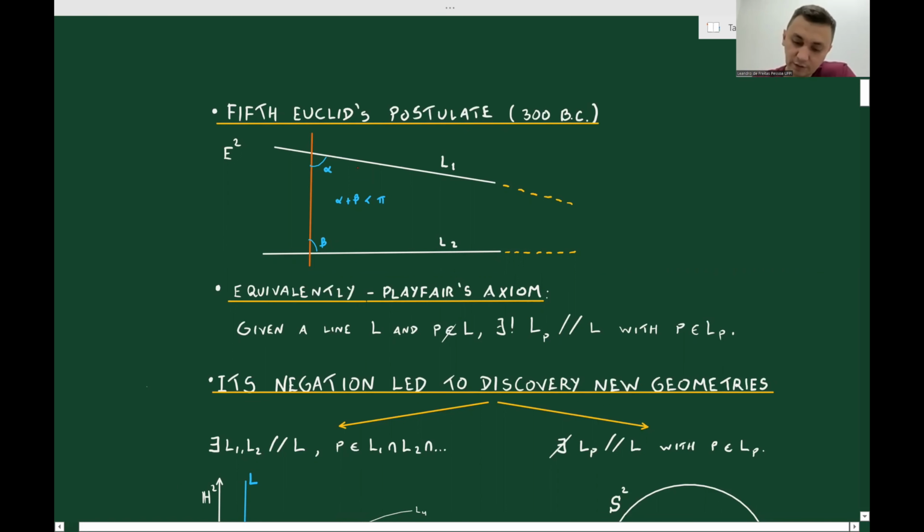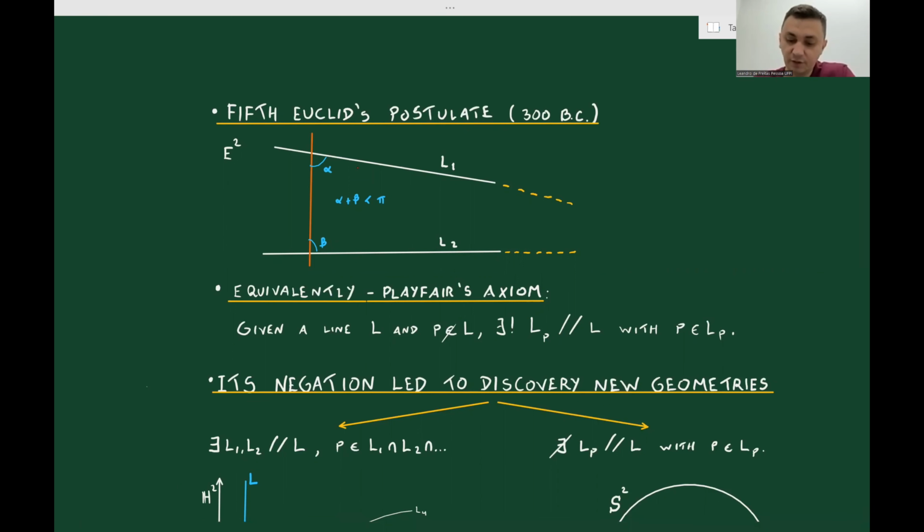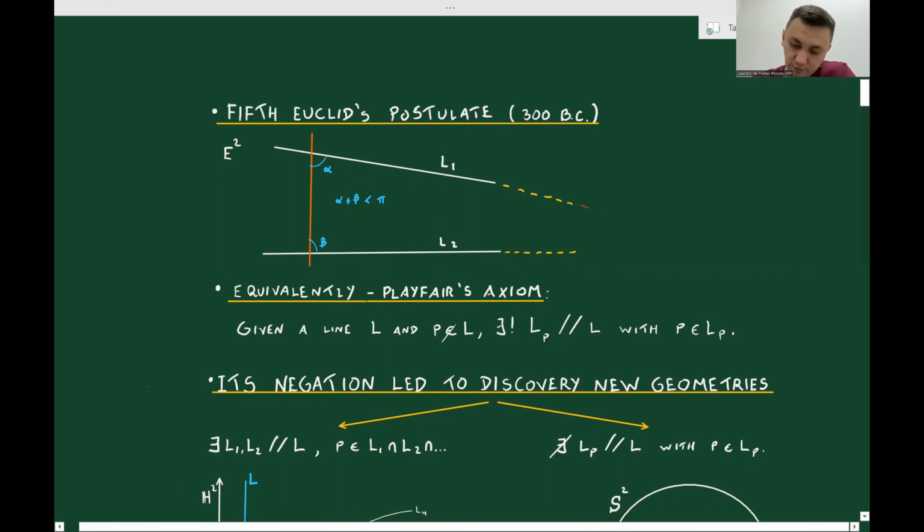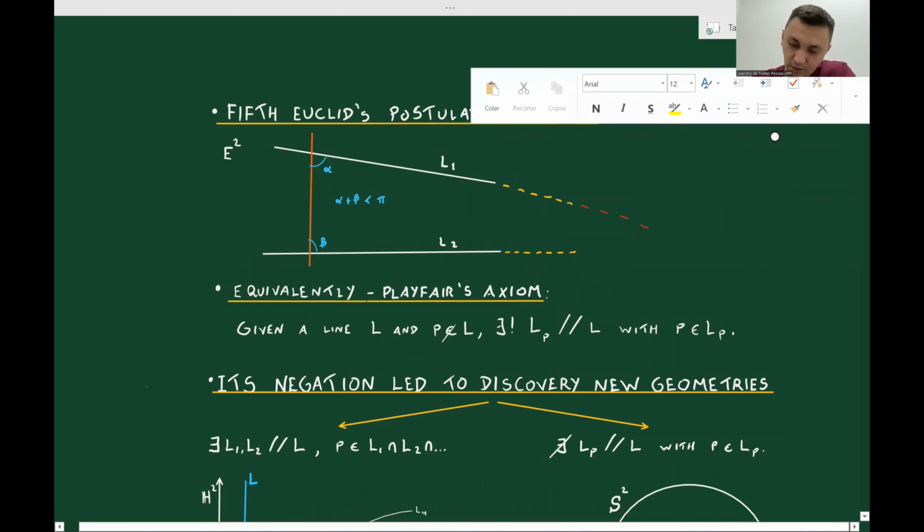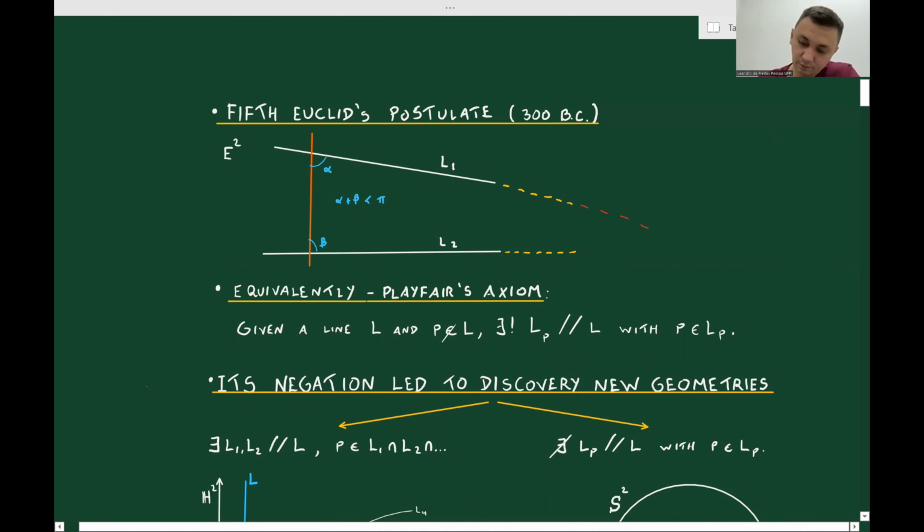the fifth Euclid's postulate says that we can continue the lines L1 and L2 in a way that they will intersect each other.